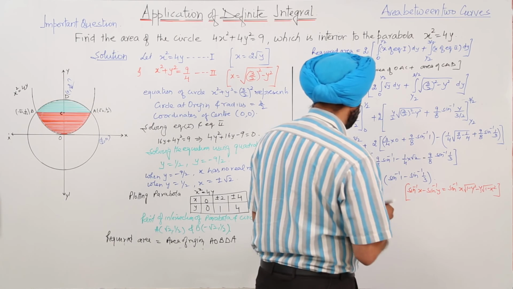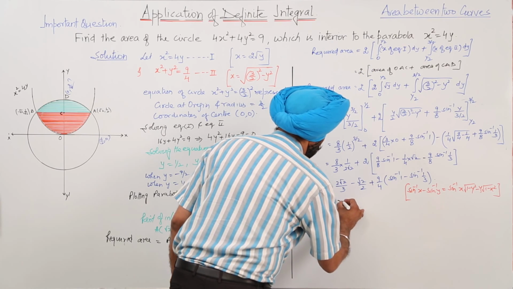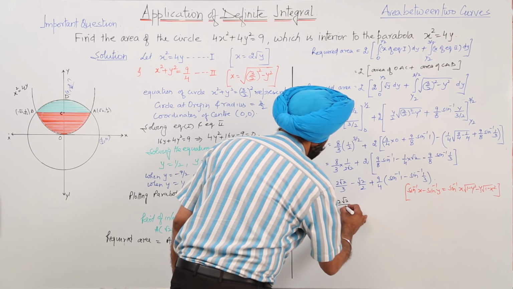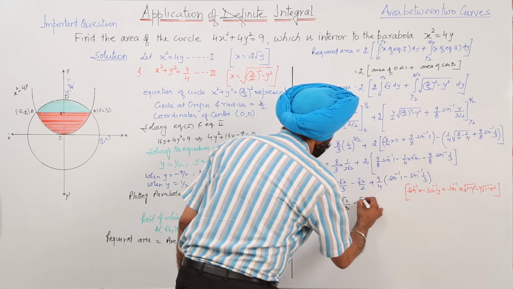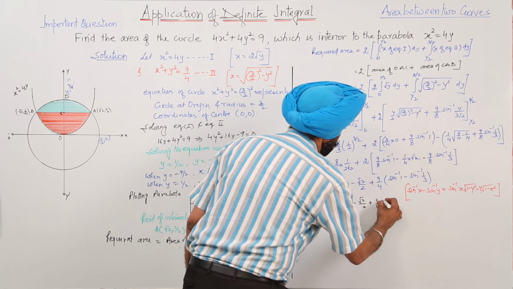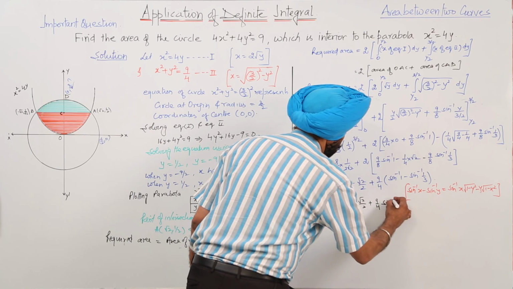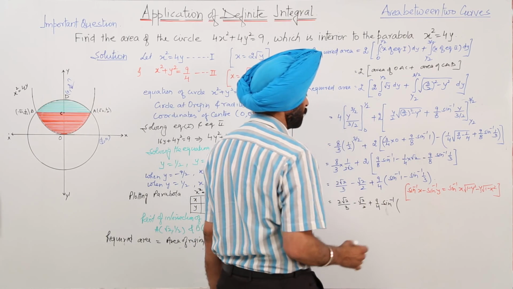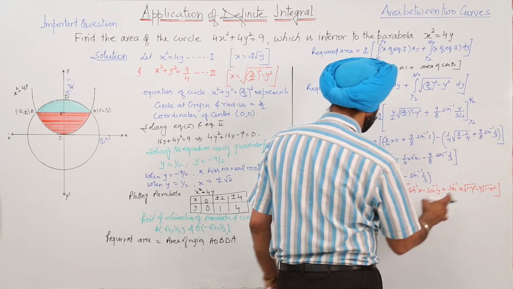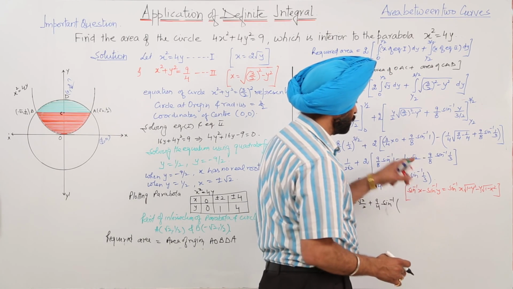So now this becomes 2 root 2 upon 3 minus root 2 upon 2 plus 9 by 4 sine inverse, in the bracket, using this part, now x is 1 and y is 1 by 3.